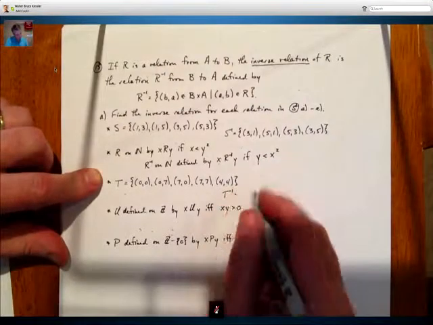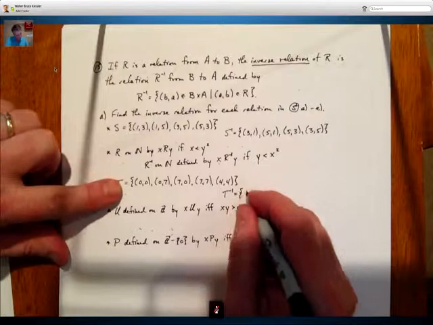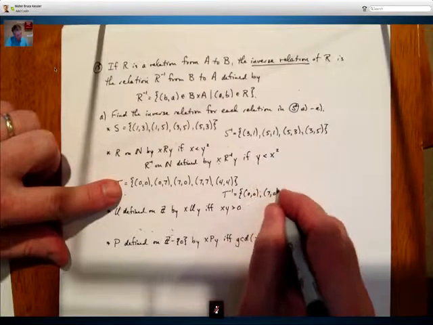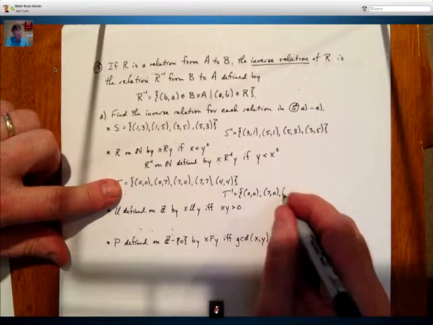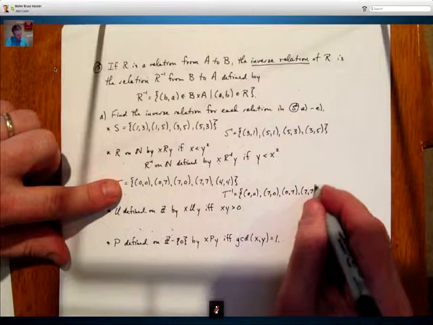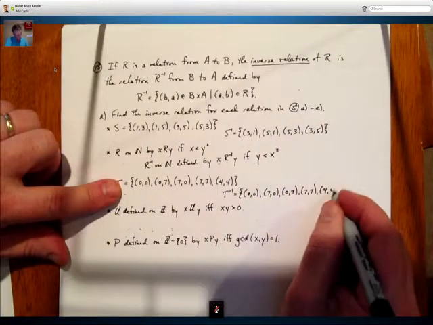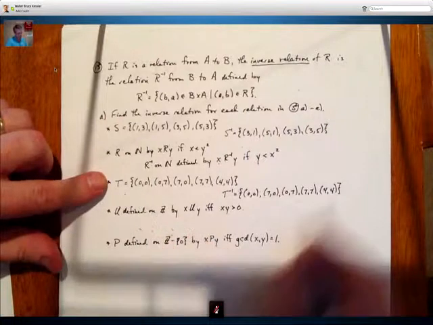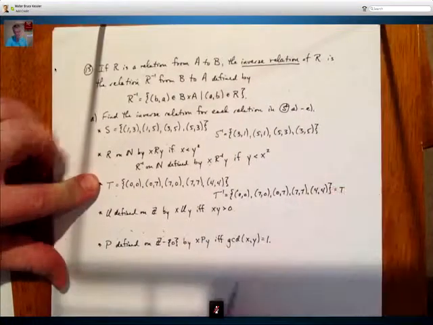Change out the roles. So here with T inverse: (0, 0), (7, 0), (0, 7), (7, 7), and (4, 4). And if you'll notice, that's exactly the same set.